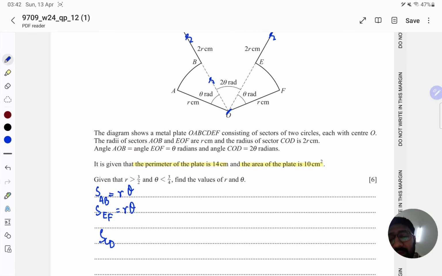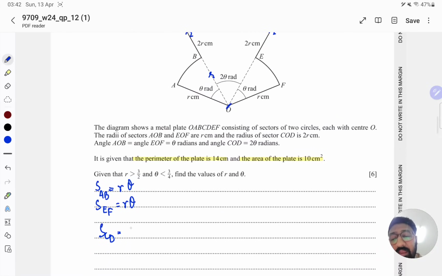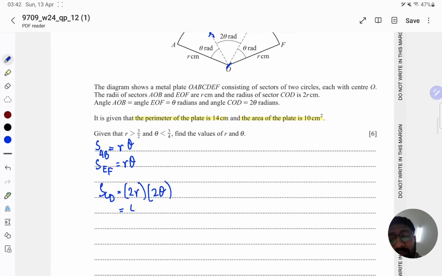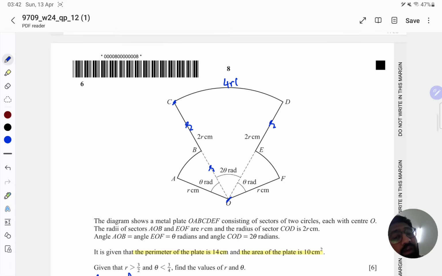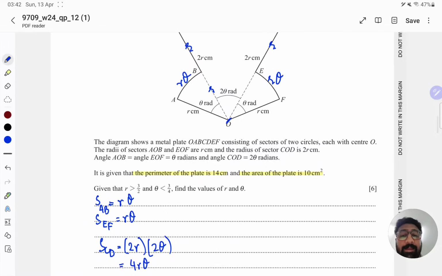For CD, the value of r is 2r and the value of theta is 2 theta. So the arc length will be 4r theta. So we know that this is 4r theta, this is r theta, and this is also r theta.